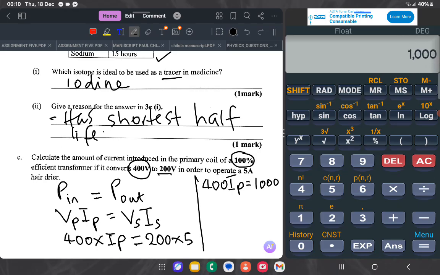Then next you divide both sides by 400 to find IP, which is the current they are requesting us to find.